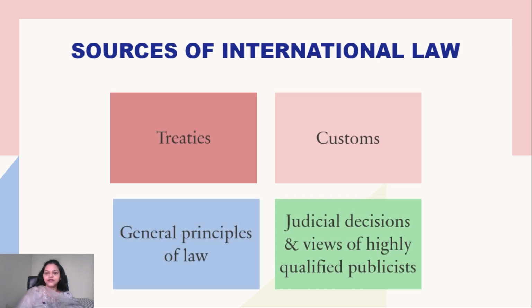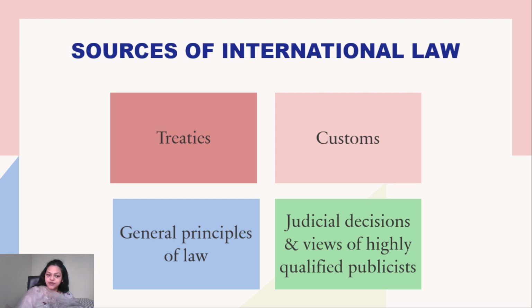As I said, to summarize, these are the four broad sources of international law. But as I said, this list of four sources is non-exhaustive. There may be other sources also. But for the purposes of the Statute of ICJ, there are these four, right?